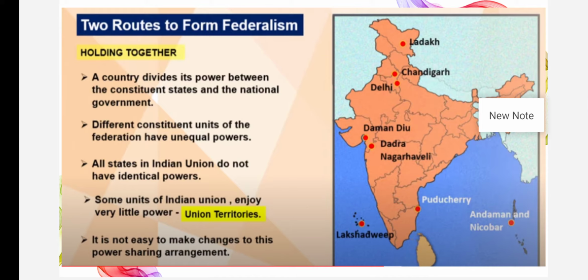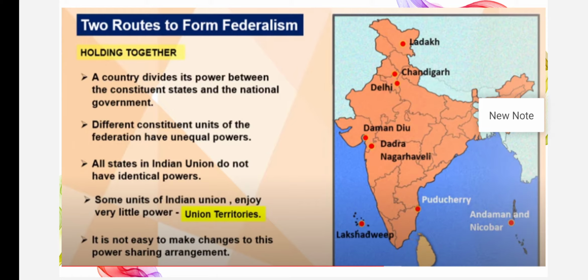The Union Territories are actually ruled by the central government. The Union Territories in India are Delhi, Chandigarh, Dadra and Nagar Haveli, Daman and Diu, Puducherry, Andaman and Nicobar Islands, Lakshadweep Islands, and the recent development, Ladakh.